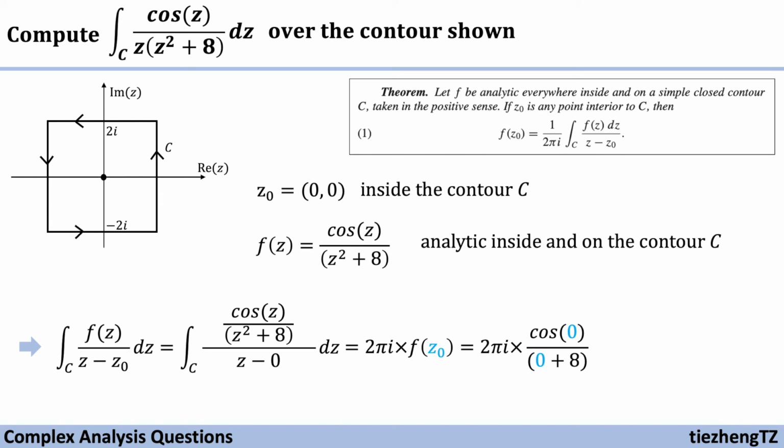We just need to substitute again using the z0 value, which is 0. It becomes 2 pi i times cosine 0 over 0 plus 8. So just simple math, which is 2 pi i times 1 over 8. Therefore, the final answer is pi i over 4.